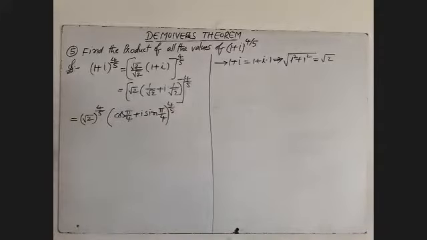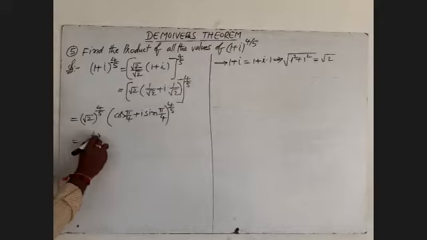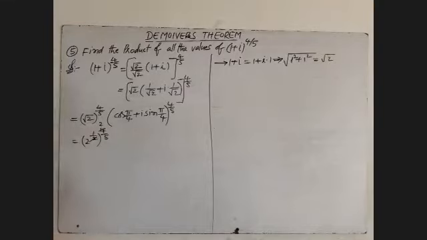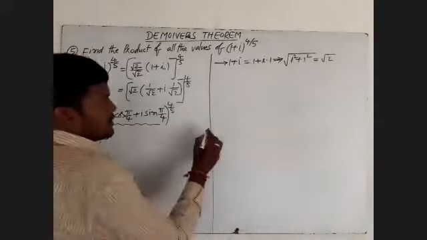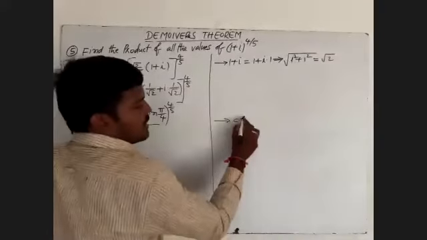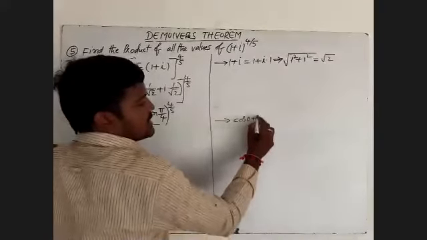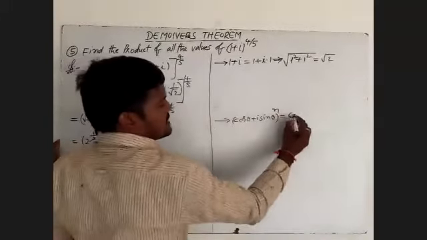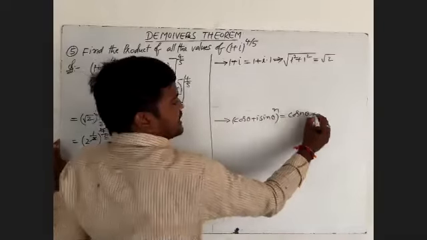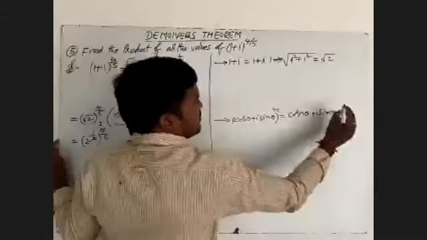We will observe, root 2 is nothing but 2 power 1 by 2. (2 power 1 by 2) whole power 4 by 5: 2 ones are 2, 2 twos are 4. Remaining, given one is of the form (cos theta plus i sin theta) whole power n, which is written as cos n theta plus i sin n theta.